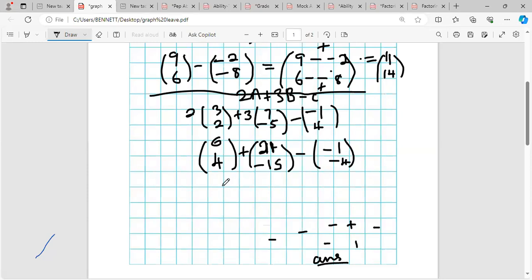So this would be 6 plus 21. These 2 are going to become minus 1, right? So this is going to be plus 1. And then we have 4, take away 15. These 2 are going to become plus. Minus 4 is going to become plus 4. And then we can basically take it from there. Everything positive here, right?